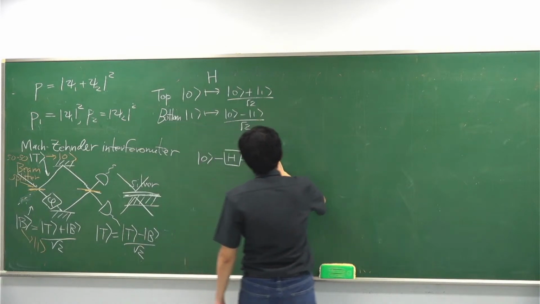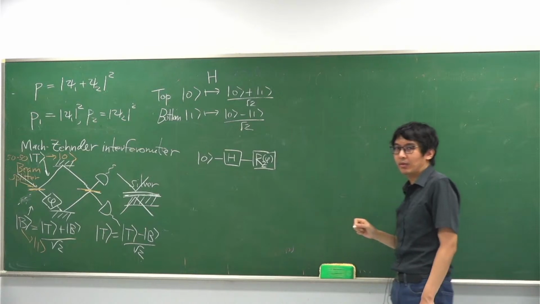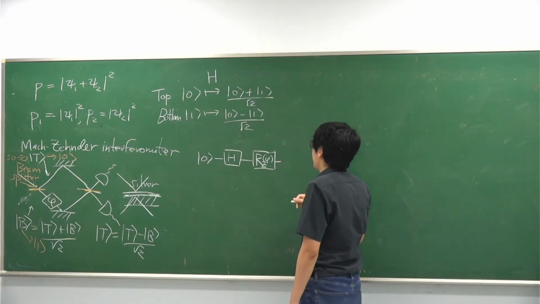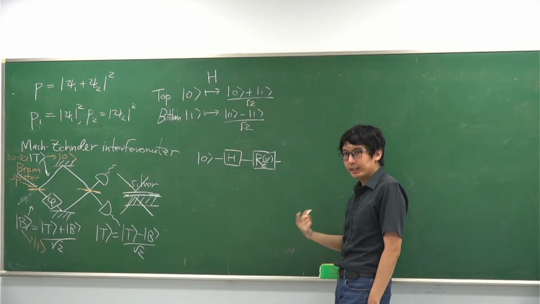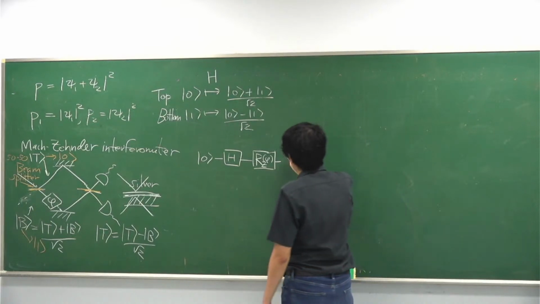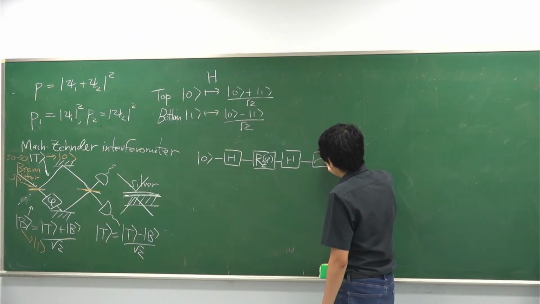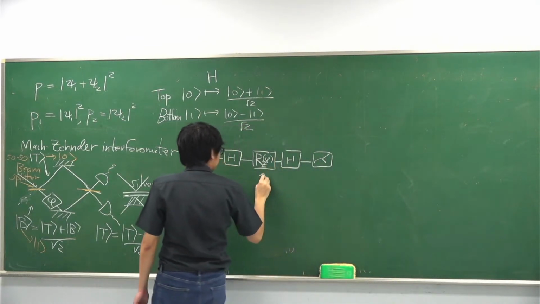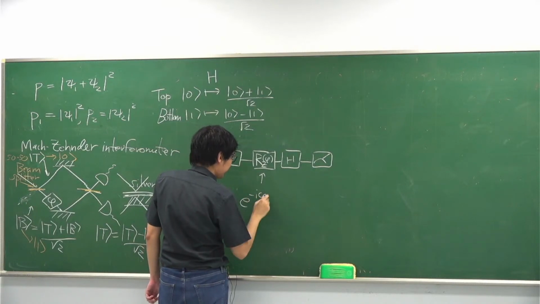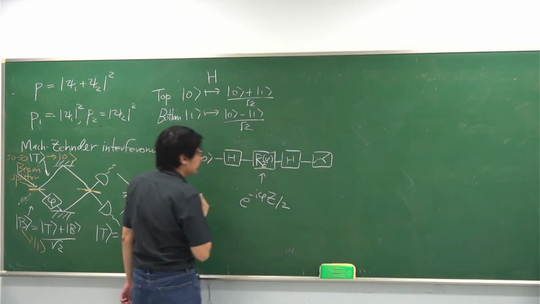This is a rotation along the z-axis with the angle phi, which is just to say that it gives a relative phase phi between the states 0 and 1. So this is phi z or 2.